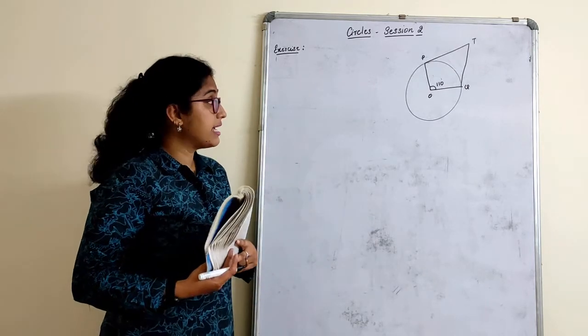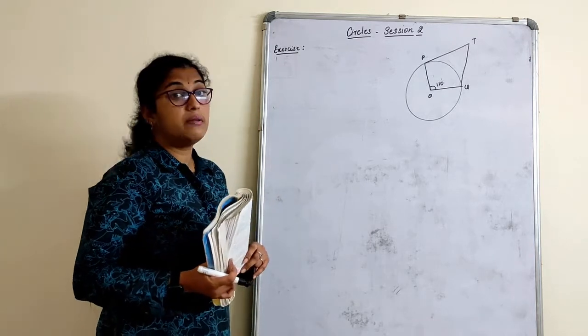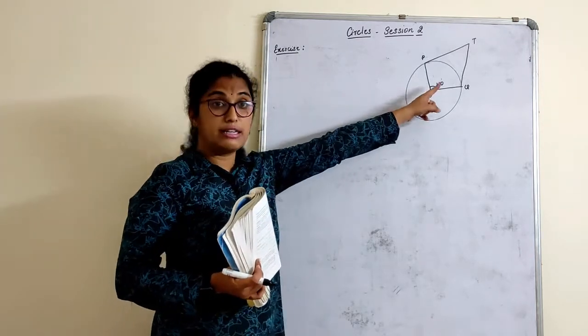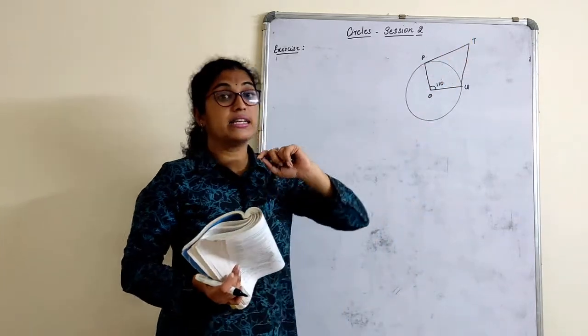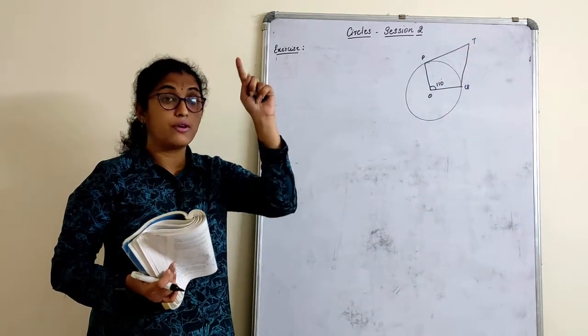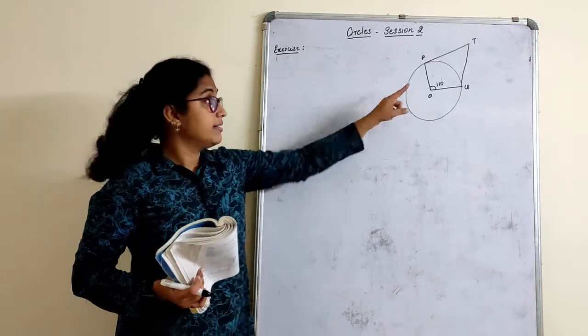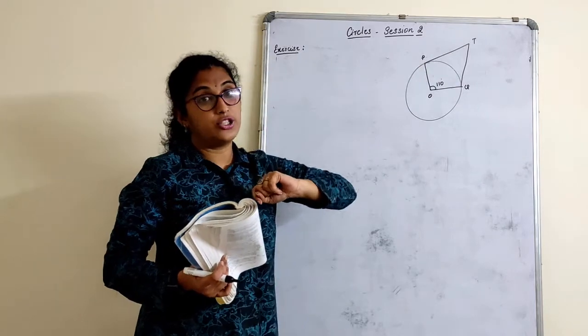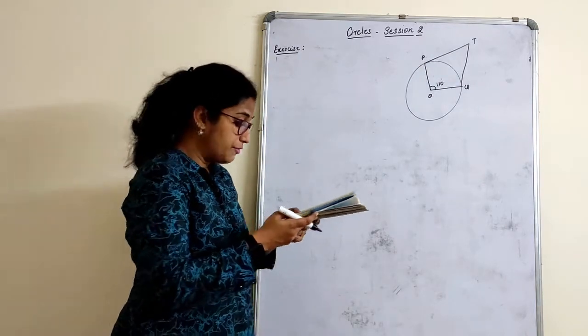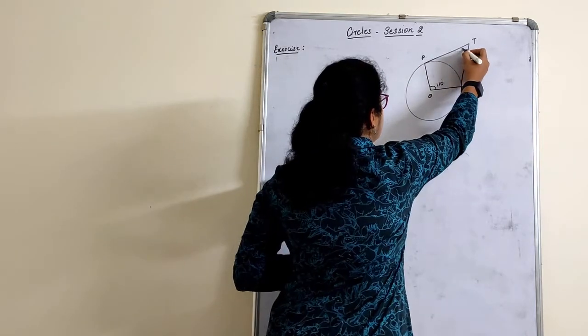We also read this angle 110 as the angle between the radii of the circle. And if the angle is given here, it is read as the angle between two tangents from an external point. This is the angle between two radii. This is the angle between two tangents. Remember this. What we have to find? We have to find the measure of this angle.